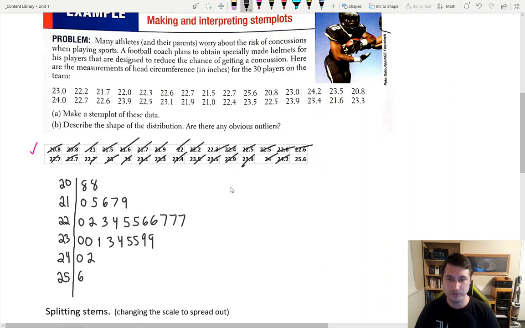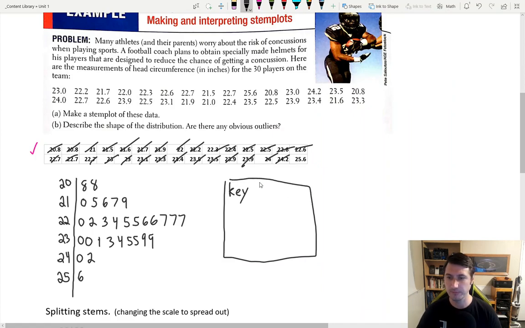Next, I have to do the key. So put this in a box. Hopefully that's big enough. So I just pick any piece of data I want. So I'll go, let's say 22 bar, and I could pick any one. Let's go 4.